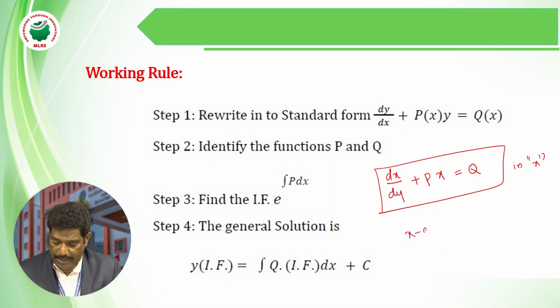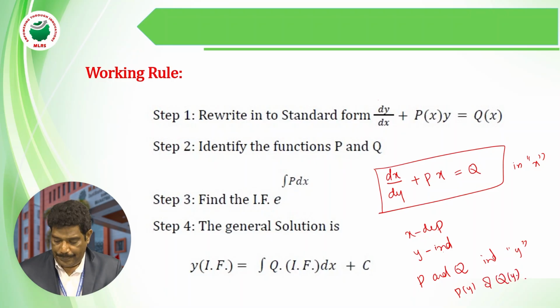Because here x is the dependent variable and y is the independent variable. So in this differential equation, p and q are both functions of y. That means p is a function of y and q is a function of y.